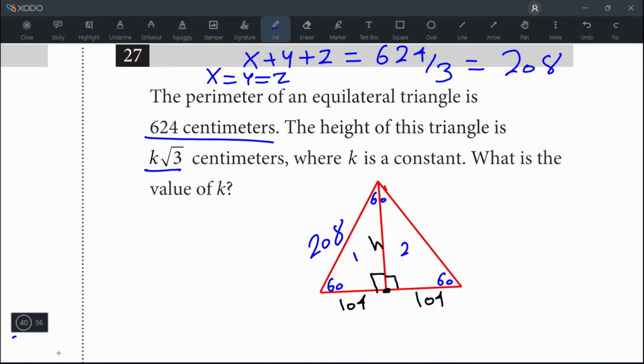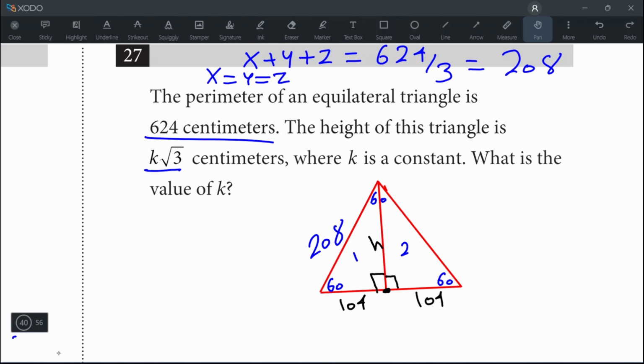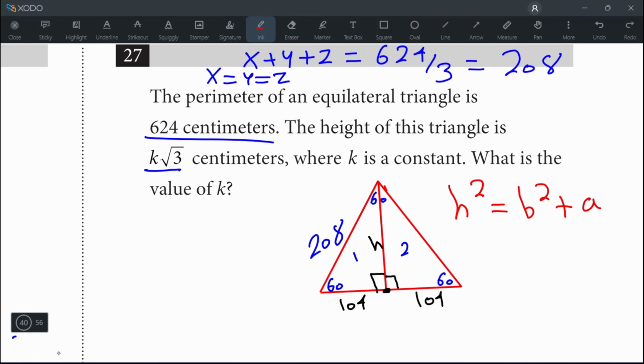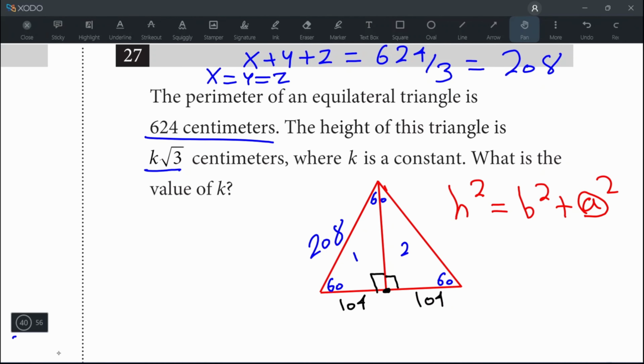So now we can find the height of this equilateral triangle by using the Pythagorean theorem, which says that the hypotenuse to the power of 2 is equal to the base to the power of 2 plus the height, let's say a, to the power of 2. So what we're going to do here is solve for a. Let me redenote that one. So let's say the height, or the value we need to know, is equal to a, okay?